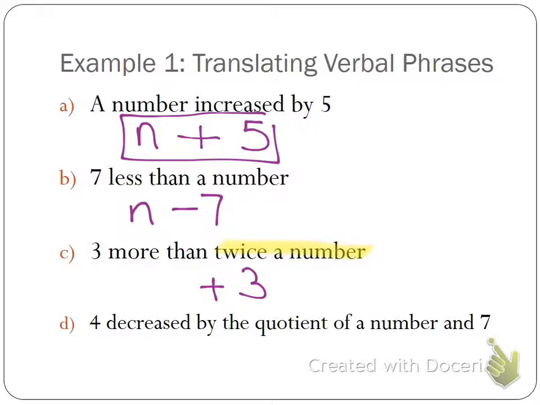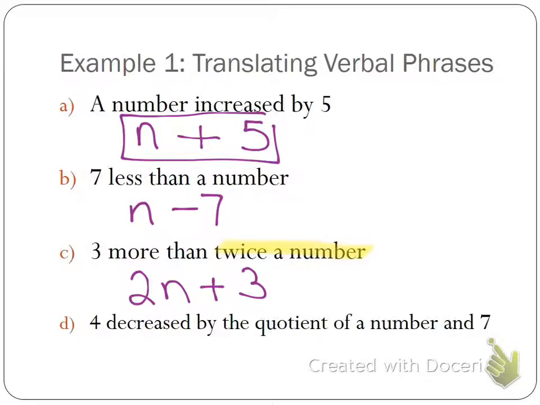Okay, n with a 2, but remember we don't write it n2. We don't use a dot. We don't use parentheses. We just write it 2n. So what if I said 4 times a number? How would you write it? 4n. What if I said 5 times a number? 5n. Okay, 2n plus 3.